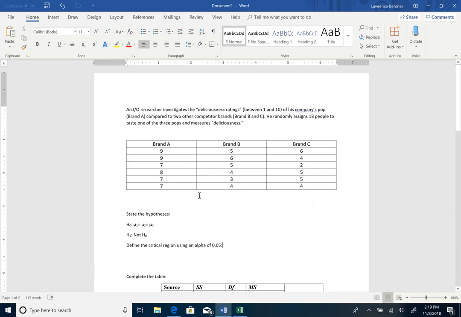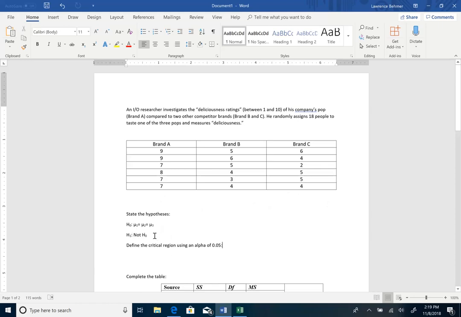It could be that brand A is better than brand B, which also happens to be better than brand C, or it could be that the mean of brand A is significantly greater than both the means of brand B and brand C. The reason the alternative is simply not the null is because when we run our F statistic, and if we reject the null, it just tells us there's a difference between these means somewhere. It doesn't tell us which one is different, right?